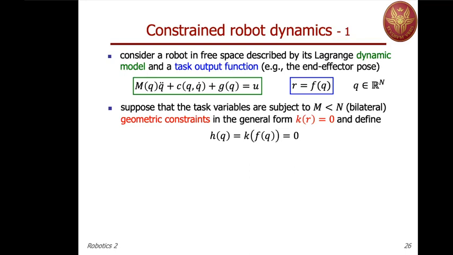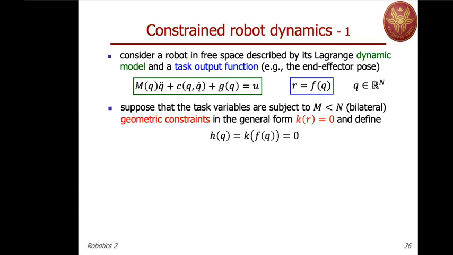And in this case, of course, m should be strictly less than n, otherwise we would bar the motion of the structure. Now, with this formalism, you can see that the constraint k of r equal to 0 may be applied at the end effector or at any other combination of generalized coordinates.